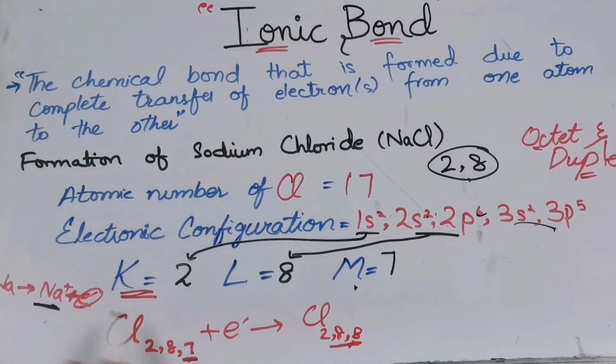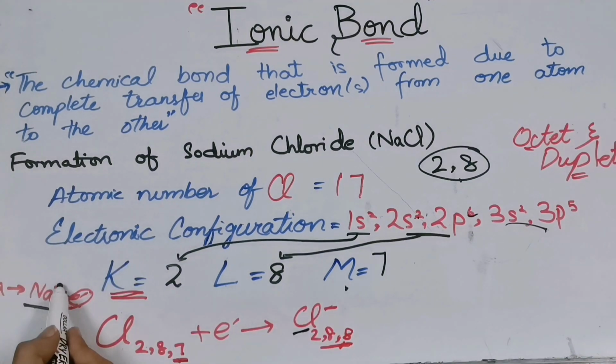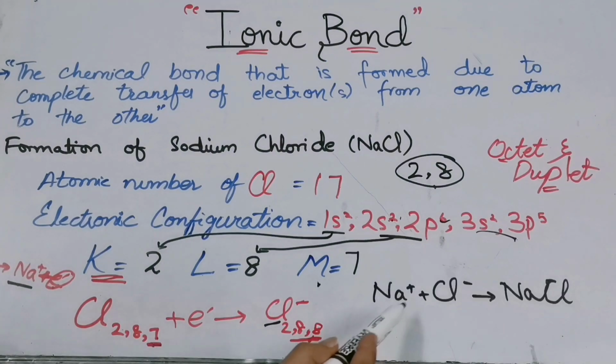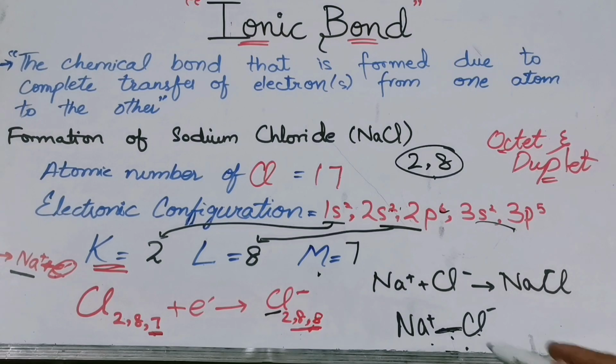It was Na positive. Here this is Cl negative. We know that opposite charges attract each other. The opposite charges attracted each other. As a result, a force of attraction was created between them. That force of attraction holds them together, and as a result of this attraction, an ionic bond is formed between metal and non-metal.